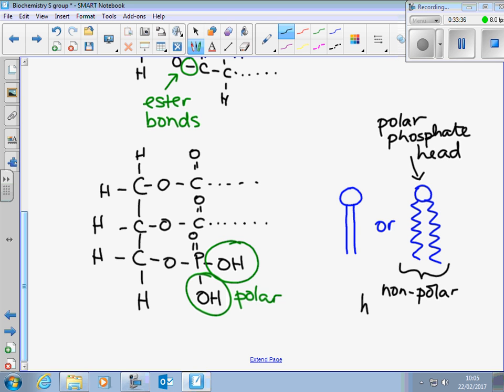But I'm going to put hydrocarbon tails here. So those are the two fatty acids on here, whereas the phosphate bit will interact nicely with water. It sticks itself on the outside of the membrane or the inside, well, on the surfaces, shall we say, inner and outer surfaces.